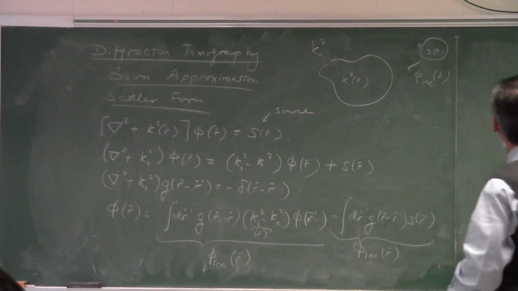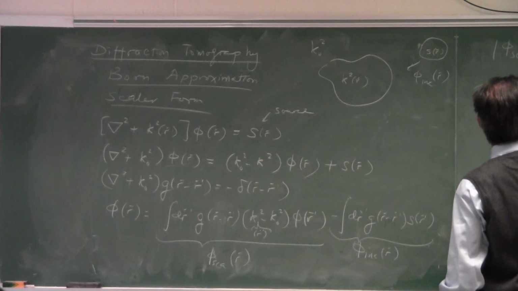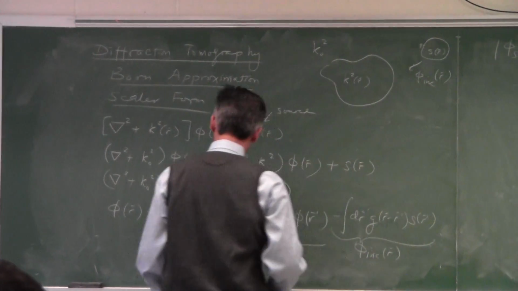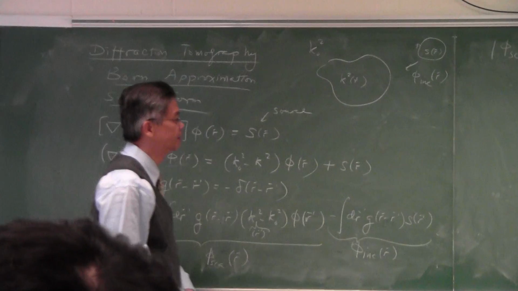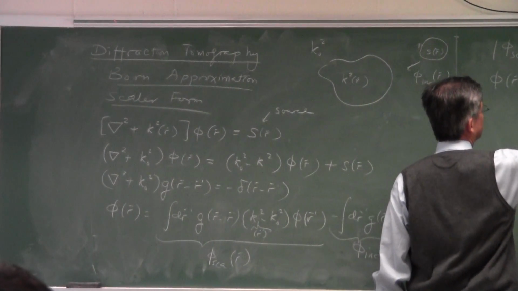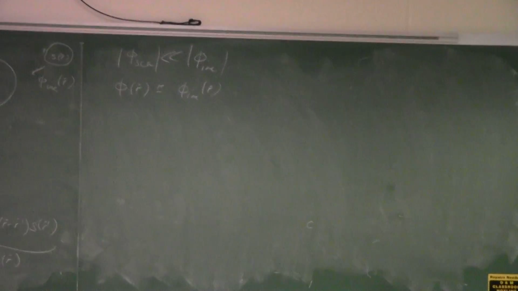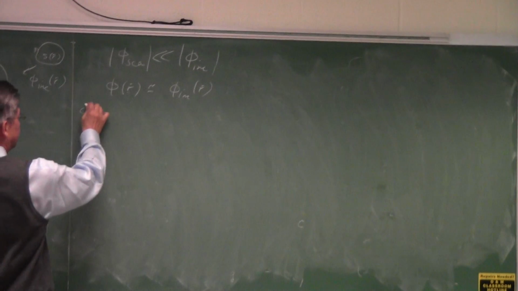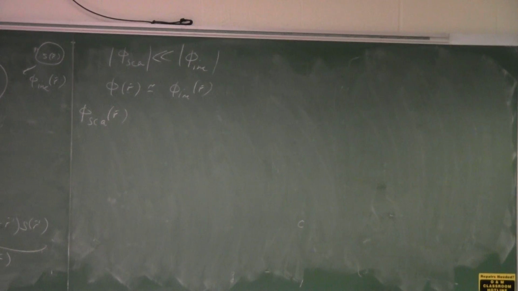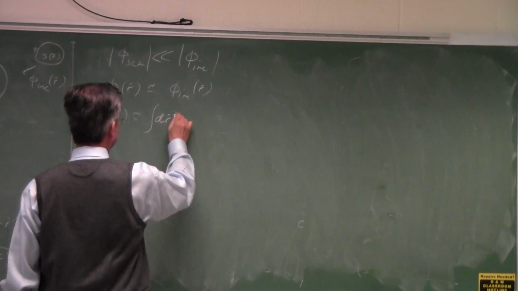So if we assume that the scattered field is much, much smaller than the incident field everywhere, then I can say that the total field is approximately the incident field everywhere. And if this is true, then the scattered field, which has been given by this, can be approximated by this integral.